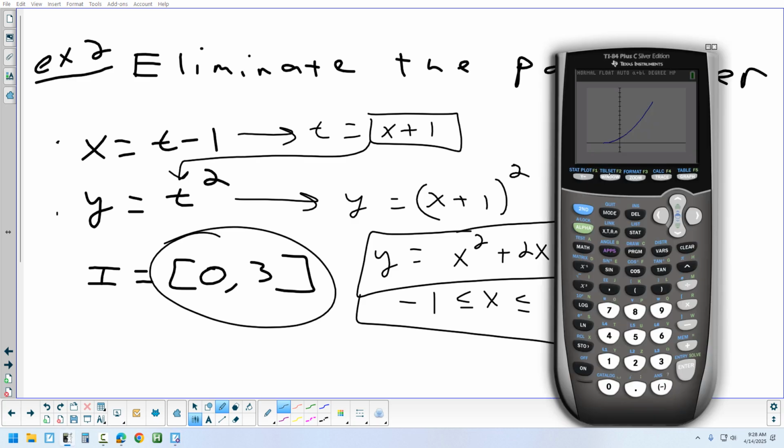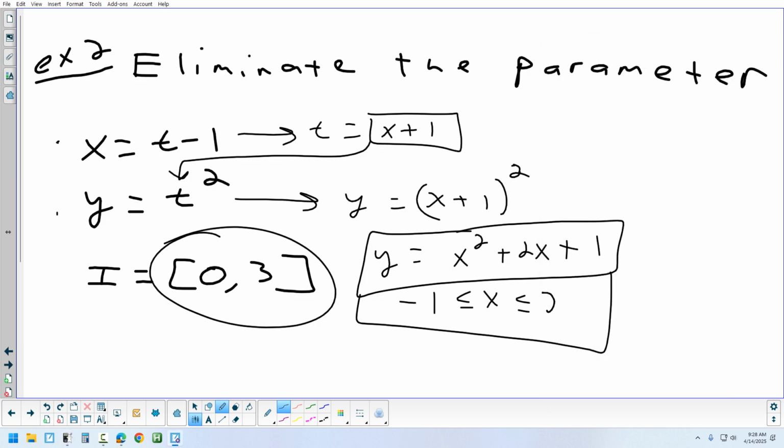Let me just check. 2 seems low. Oh, well, my x max only goes to 4. So yeah, 2 is like halfway. So yeah, it's 2. So this is the parabola, just the section from -1 to +2. Okay. Any question on that one?